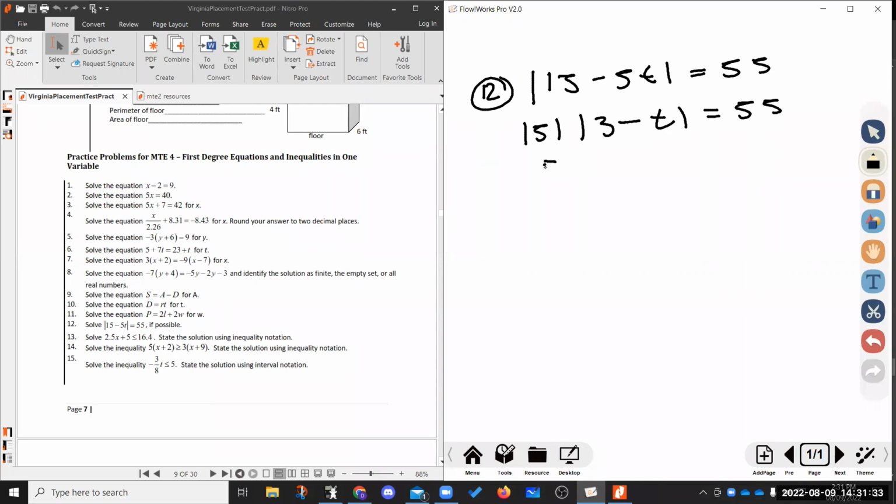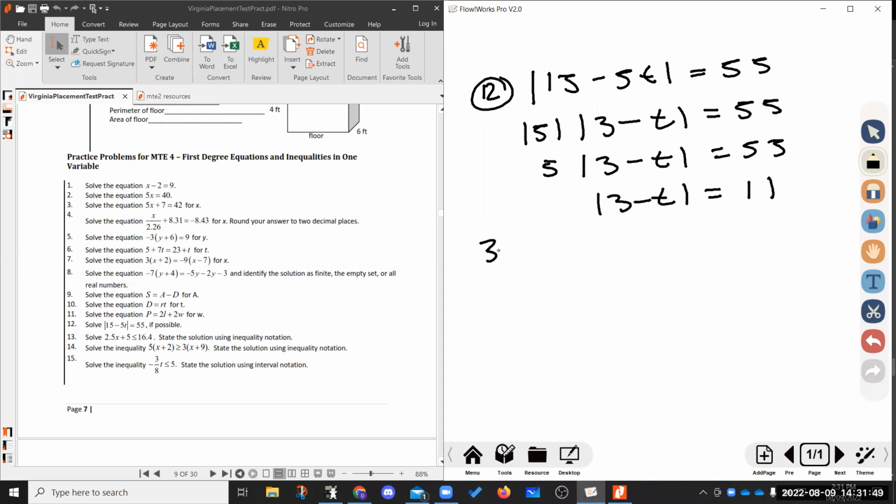It comes out in absolute value bars, and the absolute value of 5 is 5. So I can divide both sides by 5. That's some smaller numbers for me to deal with. That makes my life easier.